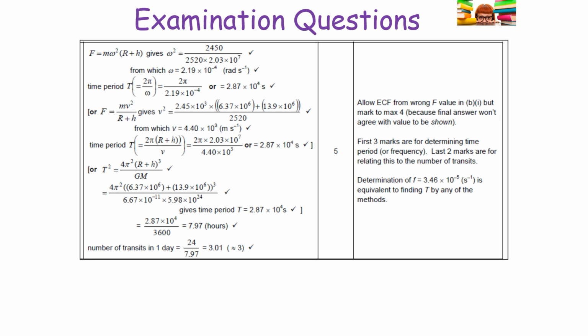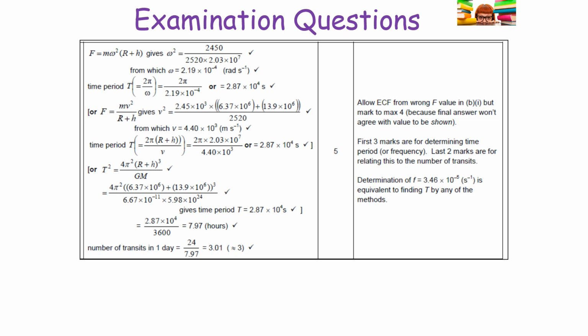The other way you can do that is by looking at the equation F is equal to mv squared over r, which then gives us v by working it through, so you get it to be 4.4 times 10 to the 3. Therefore you can say time period is going to be equal to 2 pi times the radius over the velocity, because basically time is going to be equal to the distance it travels, the circumference of the orbit, divided by its velocity, which we just worked out.